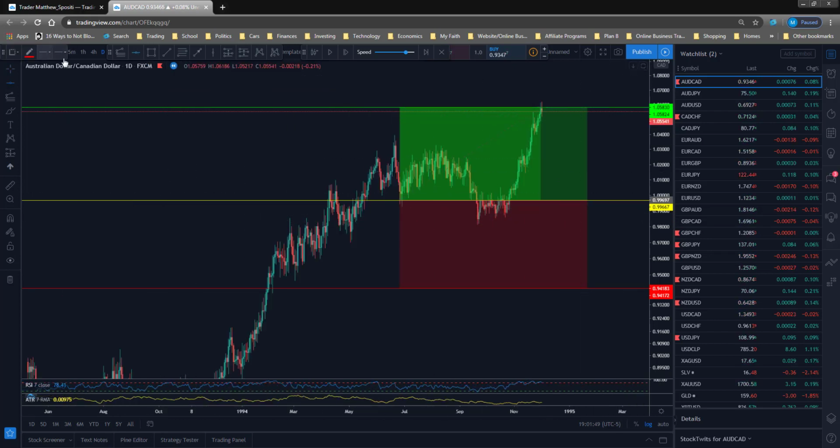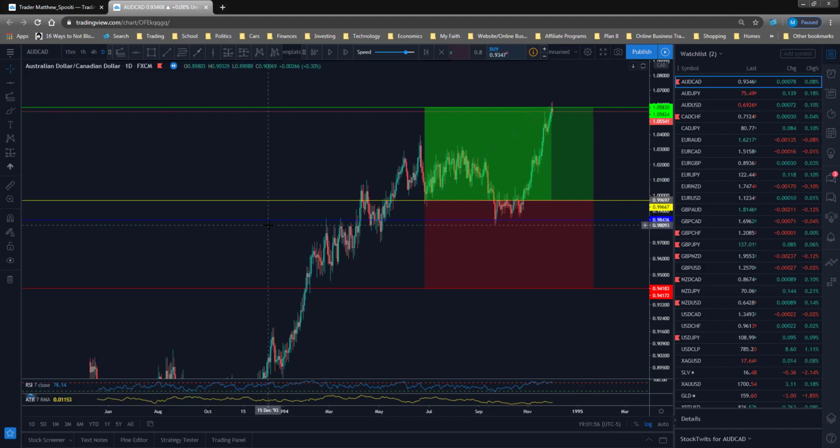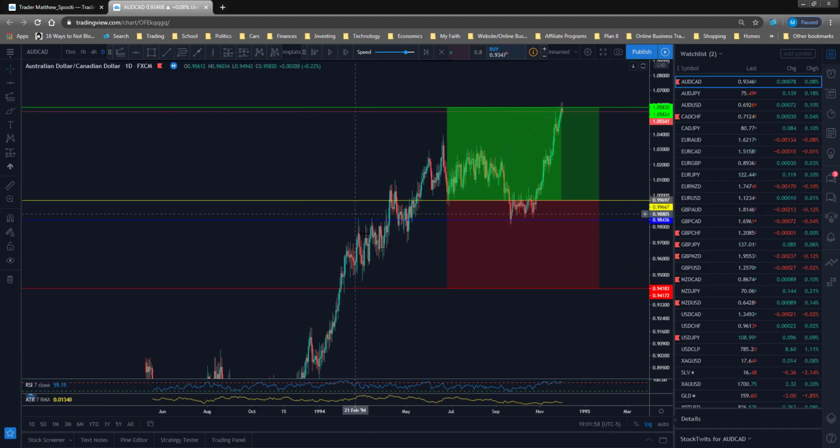If you look left, structure leaves clues. Let's use a blue line because I like using blue lines when it comes to structure. We had a structure level here that was really violated here, but it was respected twice here, and here it was kind of violated, but then the market lost all its momentum when it broke through these support levels and then ended up rallying.